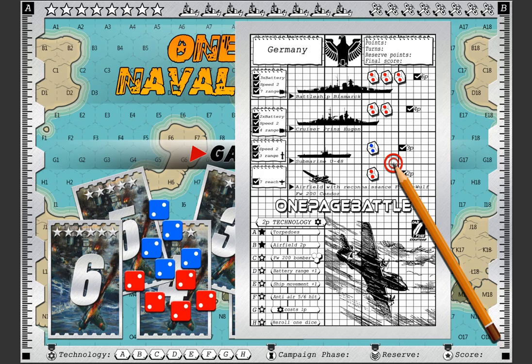Each unit must be deployed so that it is touching the border of the map. If there is land next to the border of the map, the unit must be deployed so that it is touching the land next to the border. What does it mean?